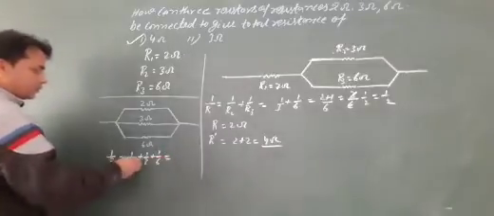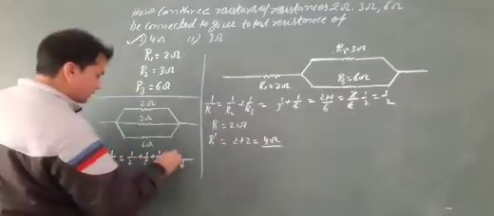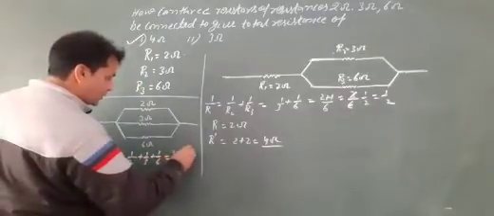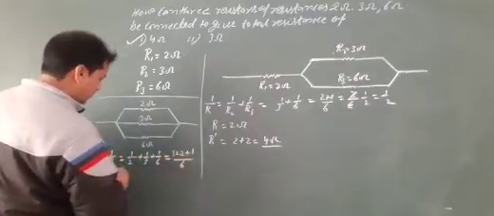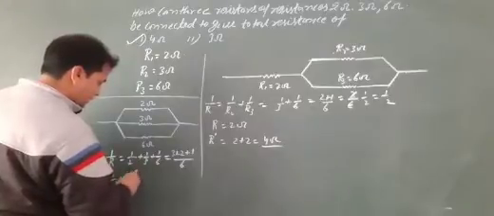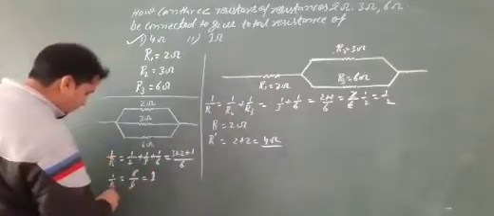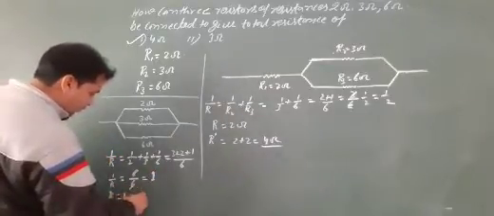The LCM of 2, 3, 6 is 6, so 3 plus 2 plus 1. Then 1 by R equal to 6 by 6, that is 1. Then R equal to 1 ohm.